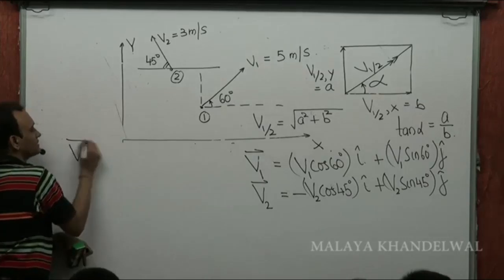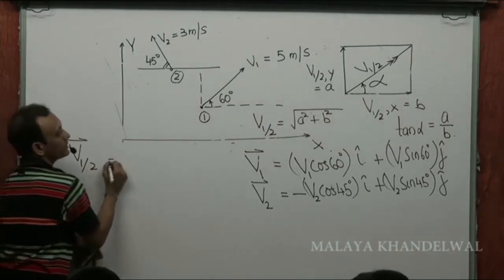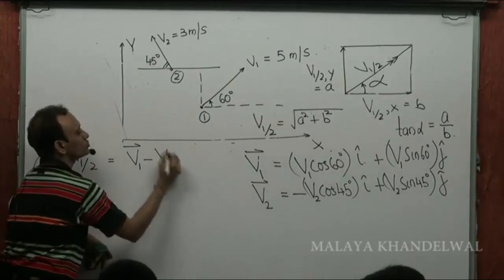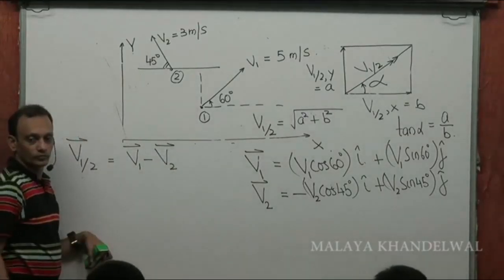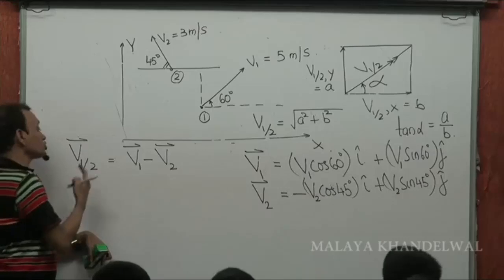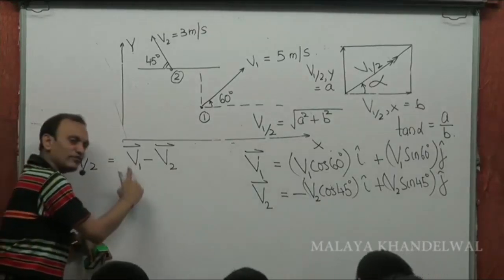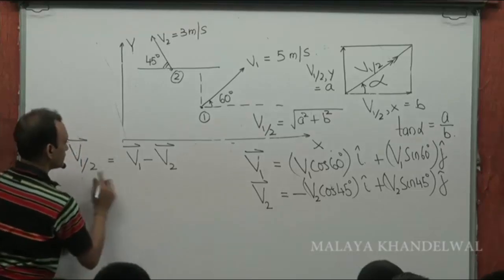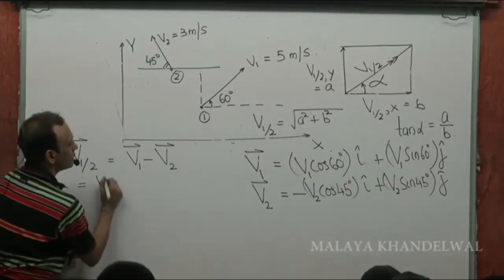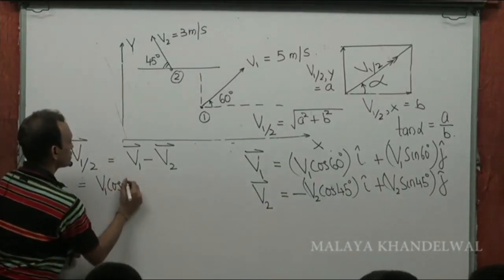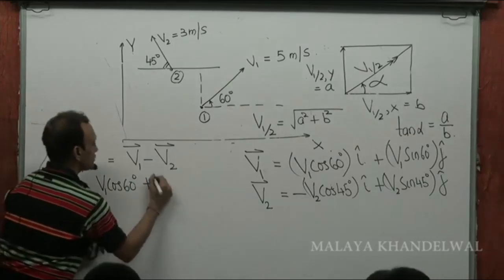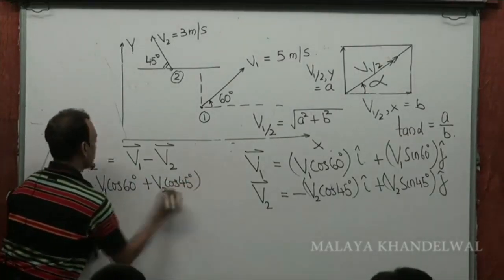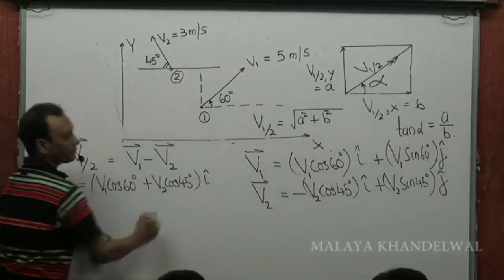Velocity of 1 as seen by 2, that's going to be velocity of 1 minus velocity of 2. And velocity of 2 with respect to 1, that's going to be v2 minus v1. So now if you took a difference, then that's going to turn out to be v1 cos 60 degrees plus v2 cos 45 degrees i cap, right?